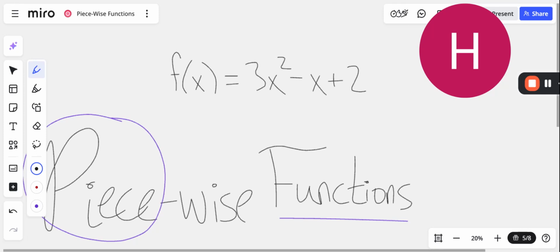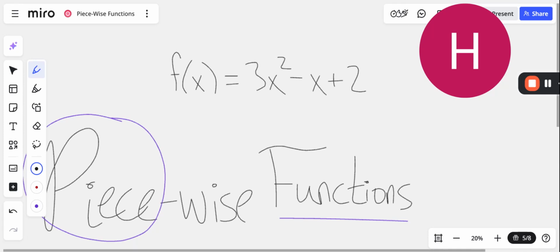However, in piecewise functions, we're only going to take a piece and combine it perhaps with one or more other functions, but just pieces of those functions.